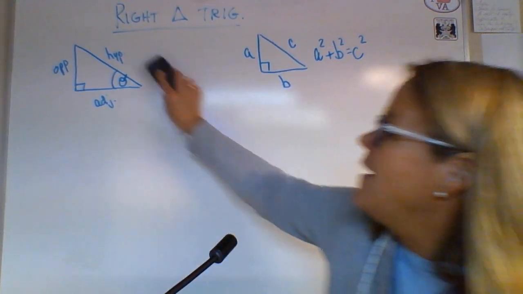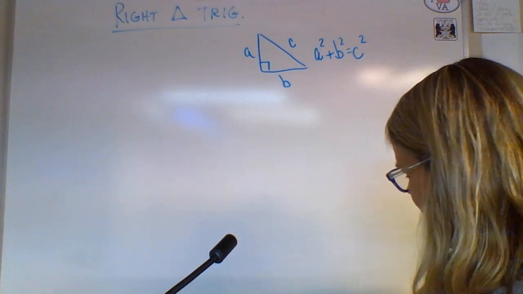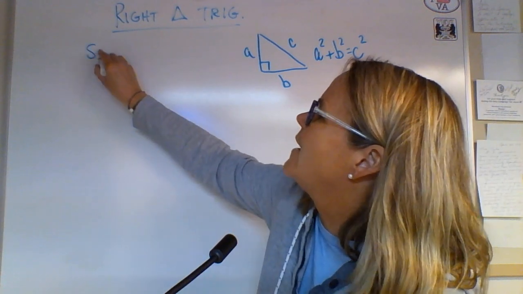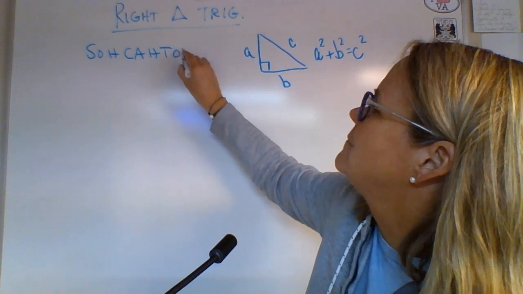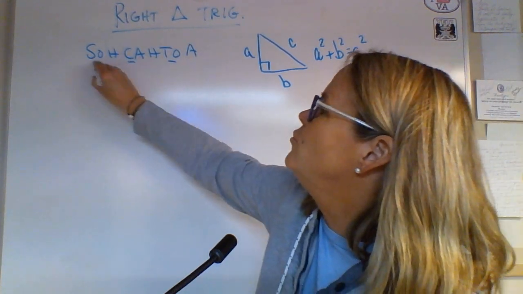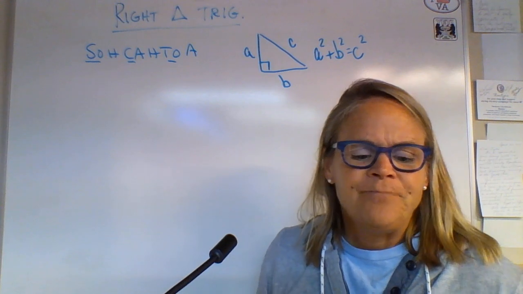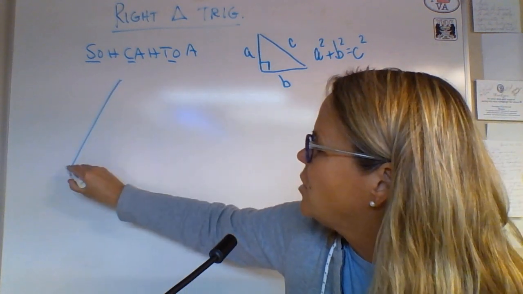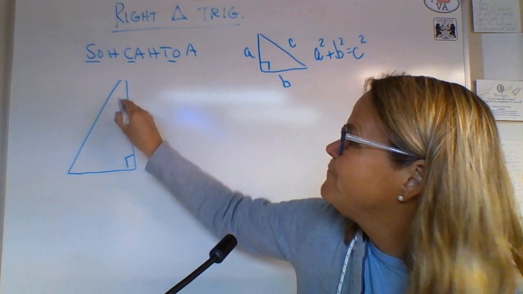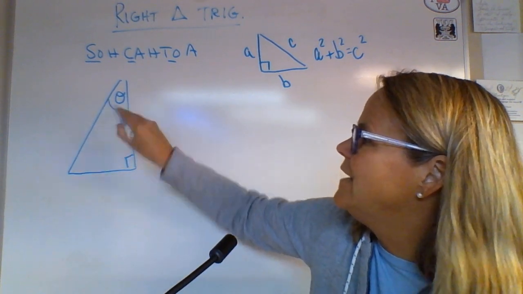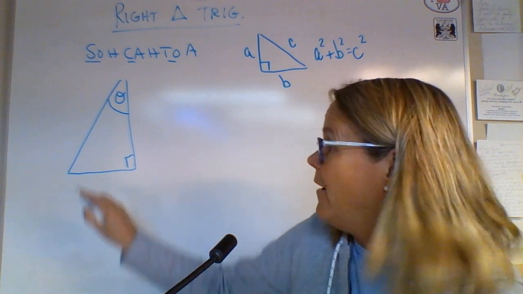So if I gave you a triangle, and it's sort of like I always say, just keep that word there so you know SOHCAHTOA. If I gave you, let's just really start basic. Basic would be everything's plugged in for you. The sides are there.